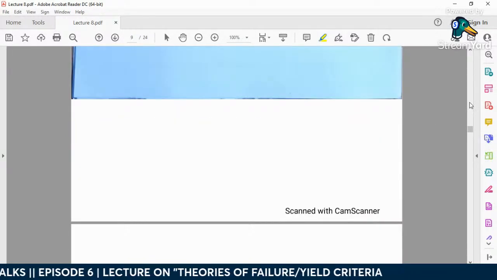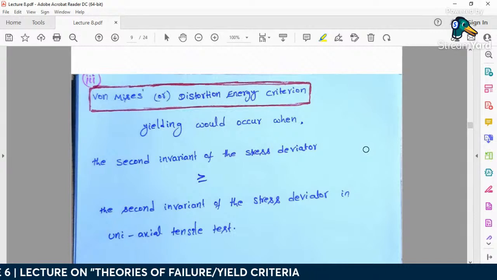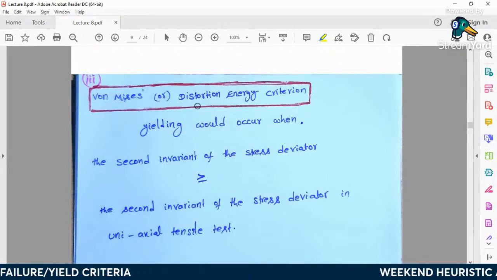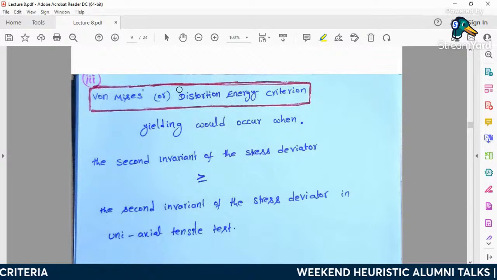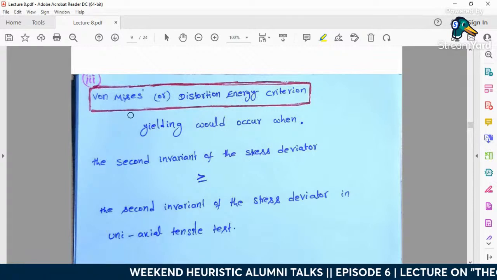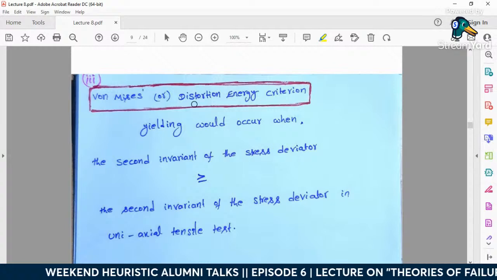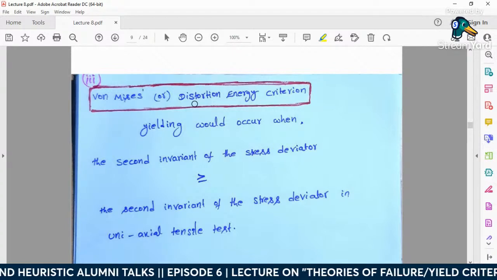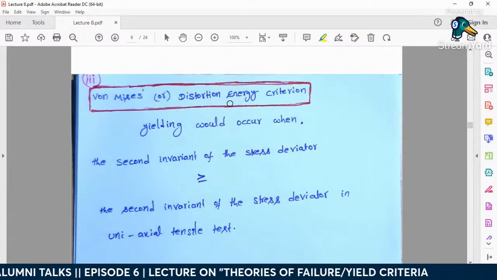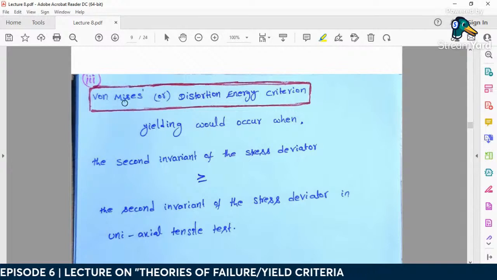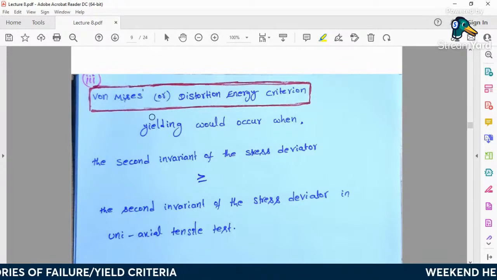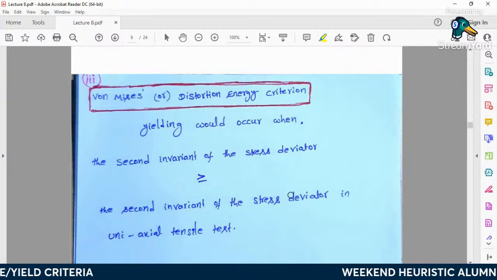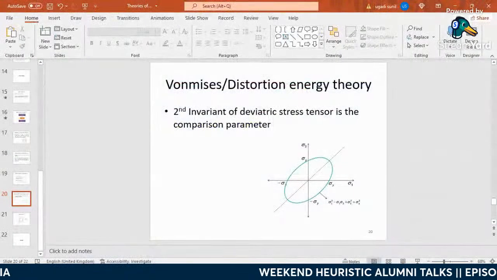Later on people were able to find out that when you assume distortion energy as a parameter, you get the same result. That's how people later came to this conclusion, the distortion energy criterion. Initially it was purely mathematical. Von Mises could not explain the physical meaning of this. So that is about von Mises.